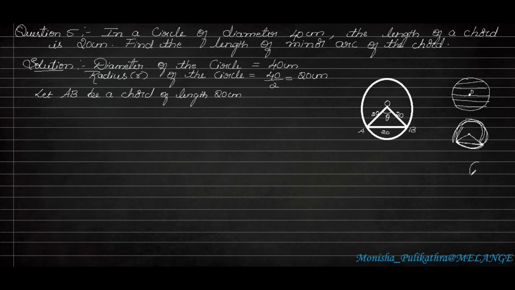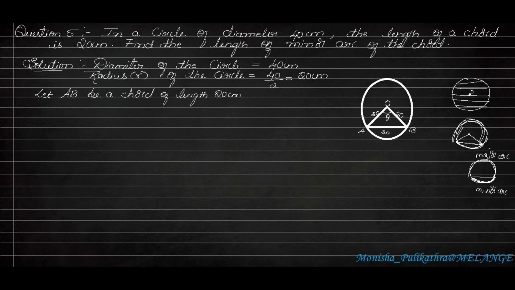So one circle is there and you draw a chord. The arc below the chord, the lower section, is said to be the minor arc, and the arc formed above the chord is said to be the major arc.